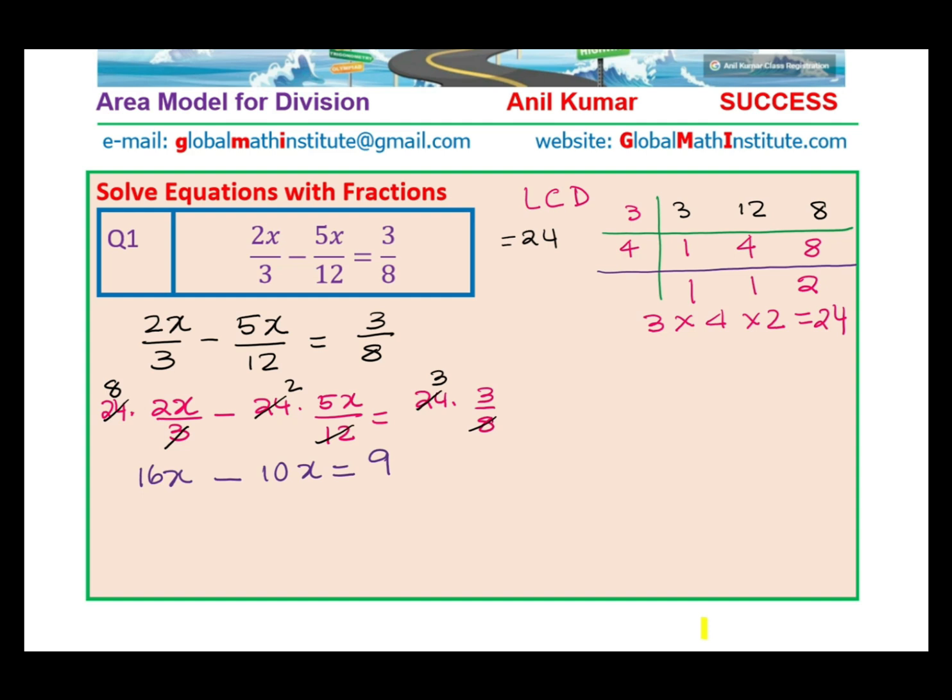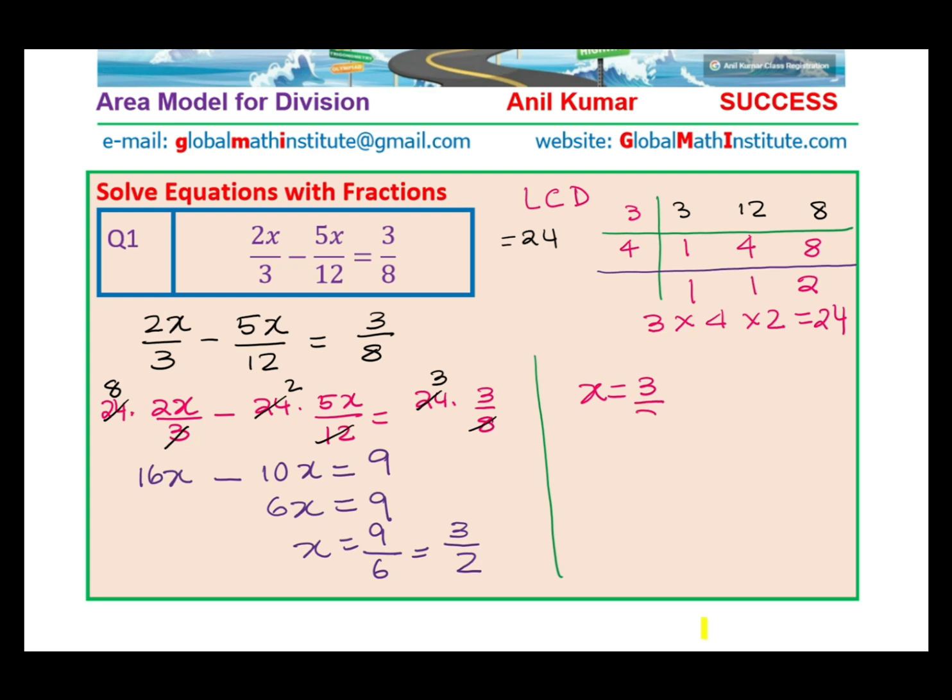And now 16x minus 10x is 6x. So we get 6x equals to 9, and dividing by 6 we get x equals to 9 over 6. Both can be further simplified dividing by 3, so we get 3 over 2 as the answer. So our solution in this particular case is x is equal to 3 by 2.